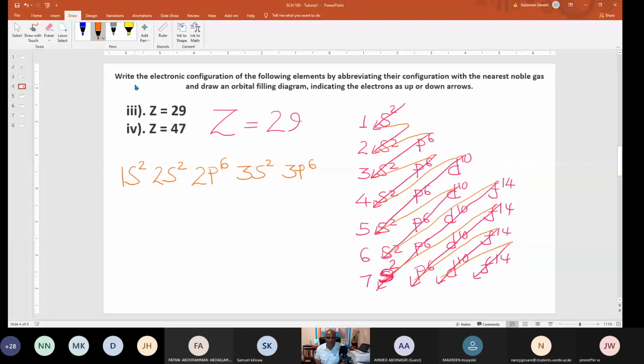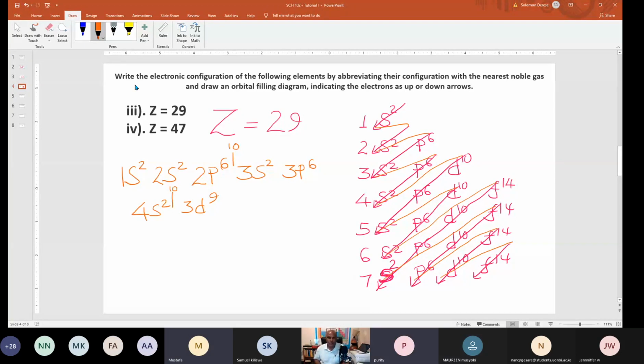After 3p6 it is 4s2, and then 3d9. Now you see 2 plus 2 up to here, 2 plus 6, 10, 10 plus 2, another 10 here. So these are 29 electrons in total, okay? 29 electrons, isn't it?